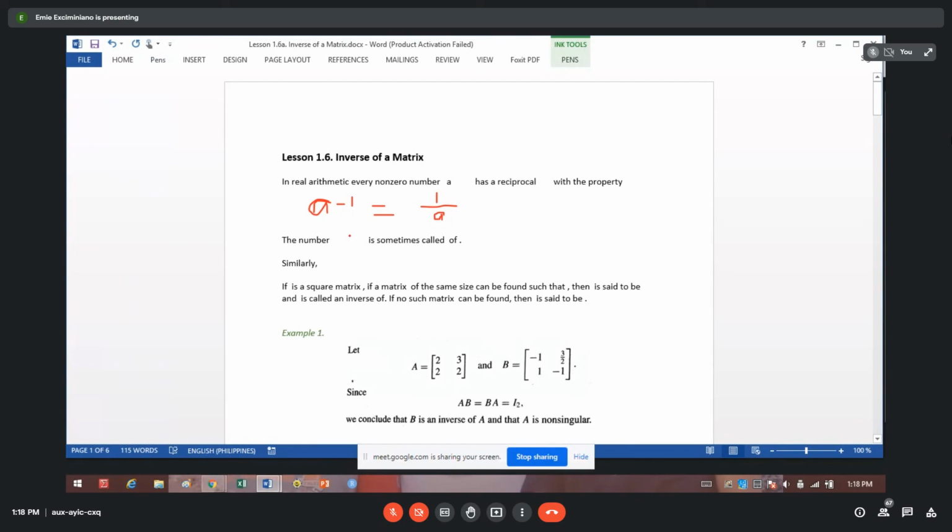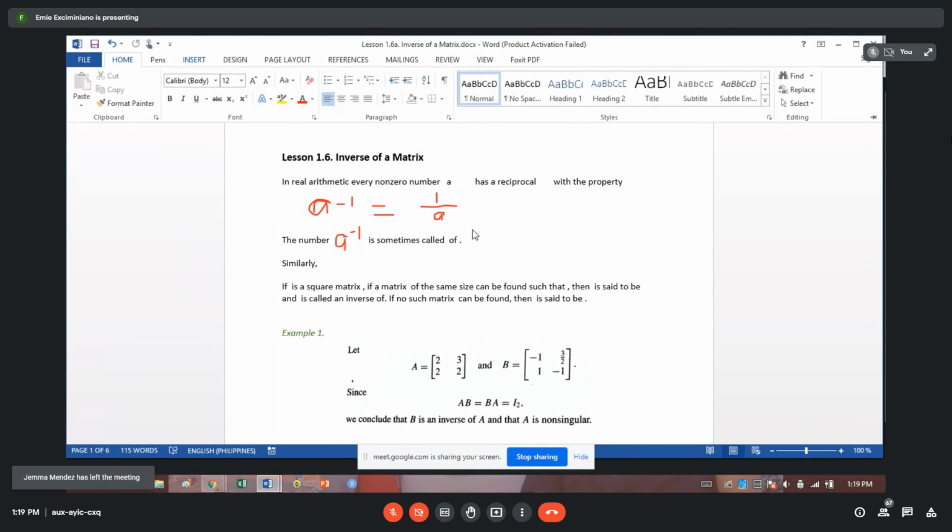Okay. A raised to negative 1 is a reciprocal of A. This is also sometimes called a multiplicative inverse.